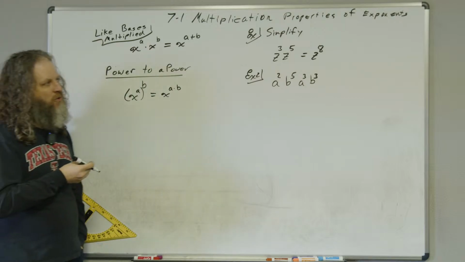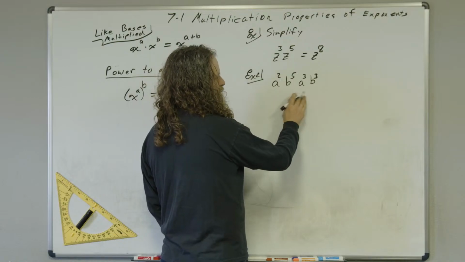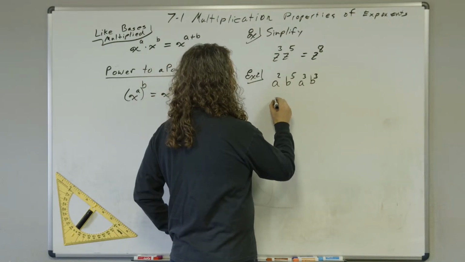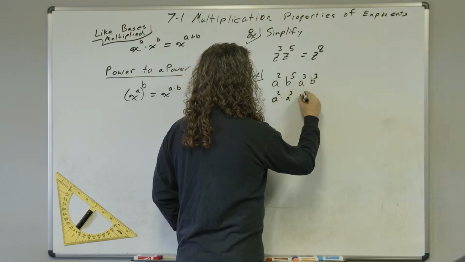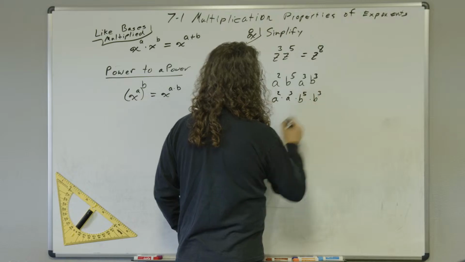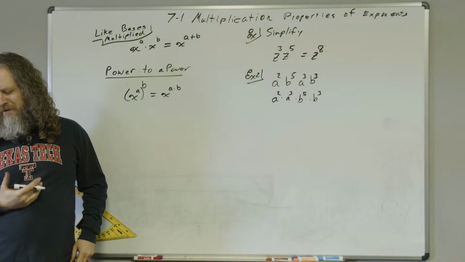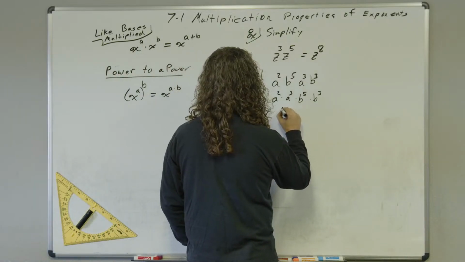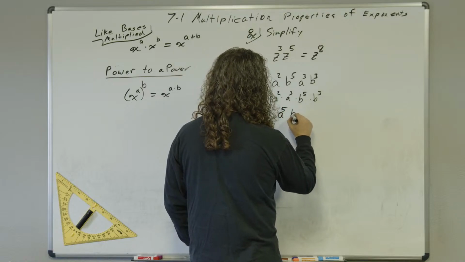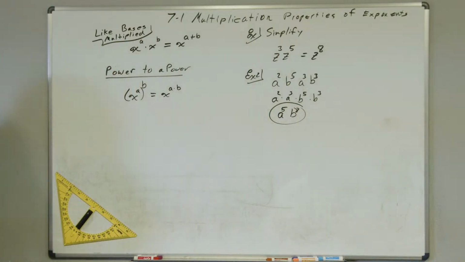To make it clearer, we can use the commutative property and move this stuff around, and turn this into A squared times A cubed times B to the fifth times B cubed. So we've got like bases multiplied. What do we do with the exponents? Add them. So this would turn into A to the fifth, B to the eighth. Simple stuff right there. No big dealio.